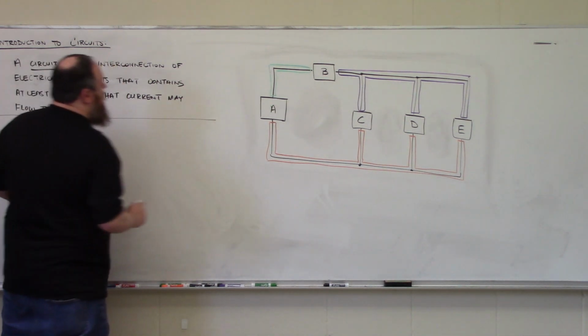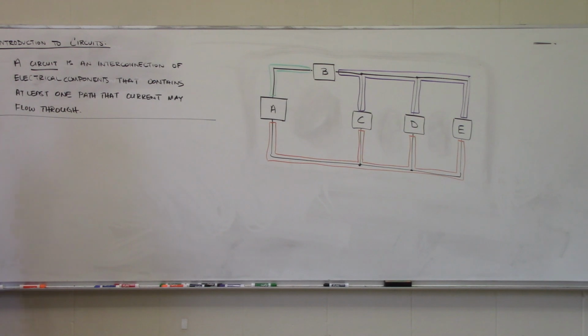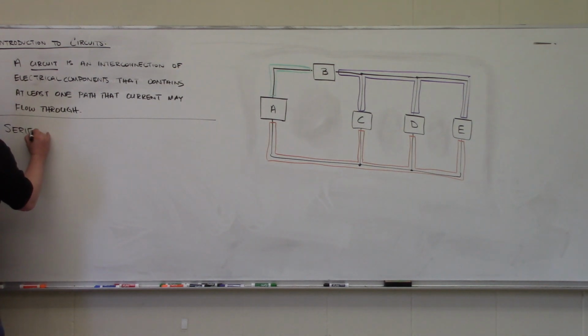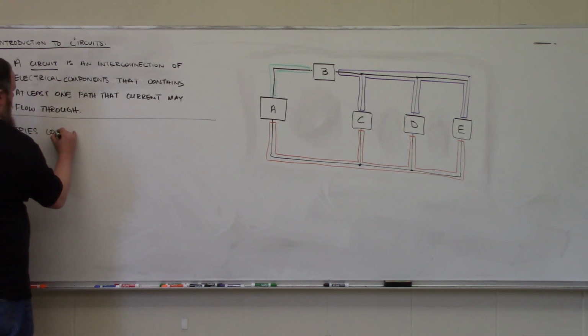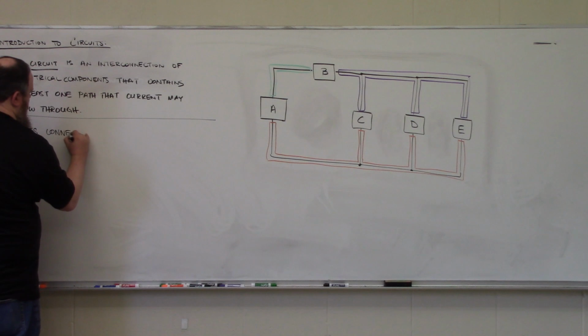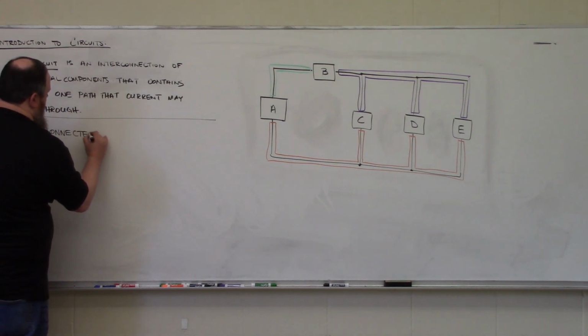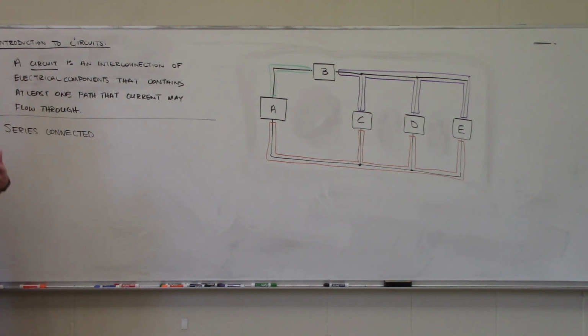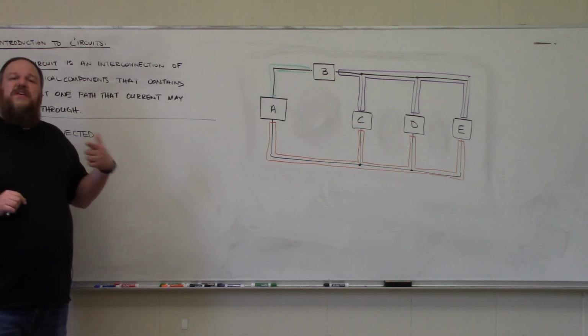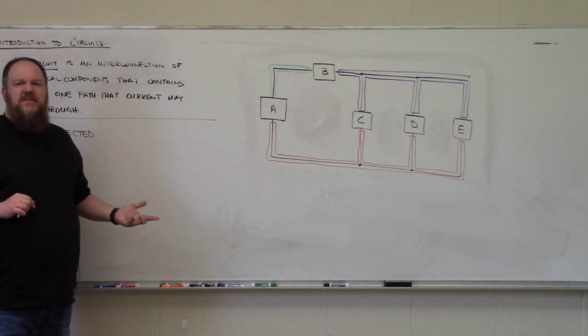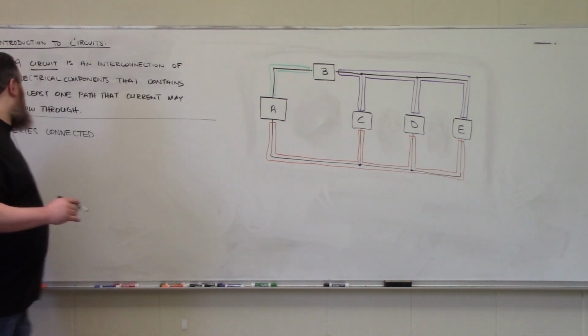And there are 2 basic types that we will deal with. Series connected, where in a series connection, there is a single point of interconnection between 2 circuit elements with no branching paths.